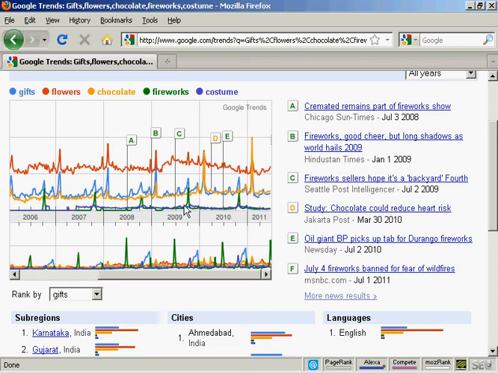But also you notice here that fireworks tends to peak around the end of the year, when people buy fireworks for Diwali, as does chocolate. That's the beginning of the year as well, and so on. So you can use this data to tailor product launches or to tailor campaigns aimed at specific markets at specific times of the year.